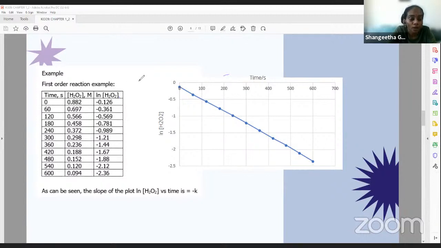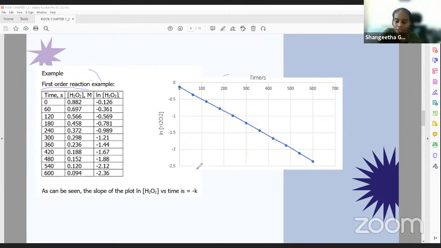Now what I want you to do quickly is start looking at this graph. The question already told you it's a first order reaction, and they have actually shown you the graph, but usually you have to plot it yourself, either using Excel or Graphmatica, as I've shown you earlier.